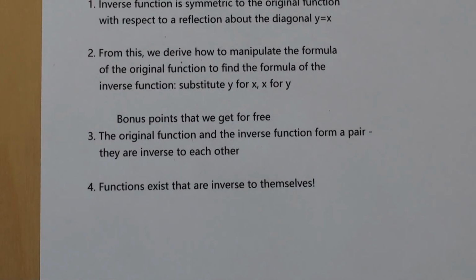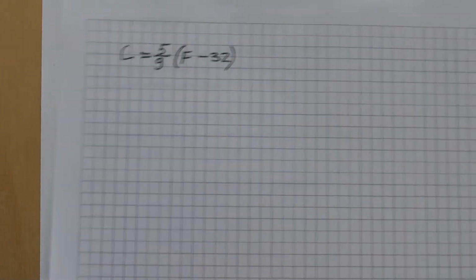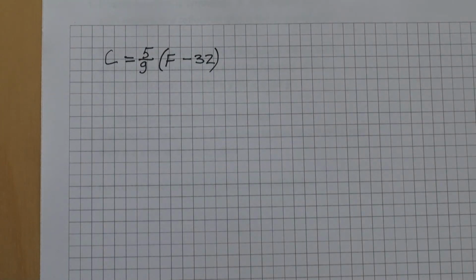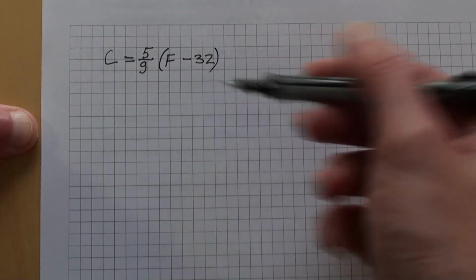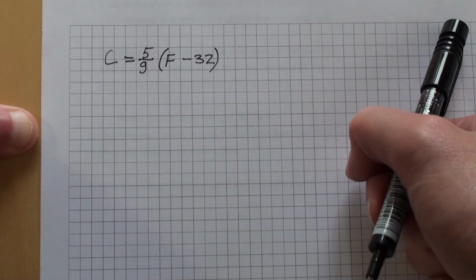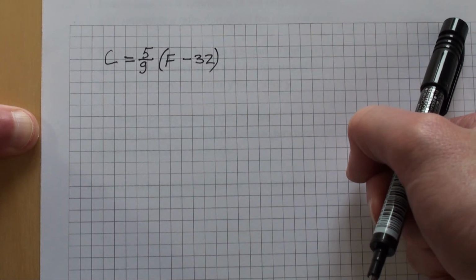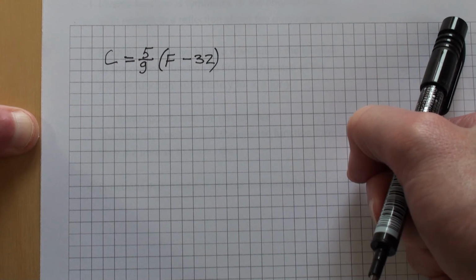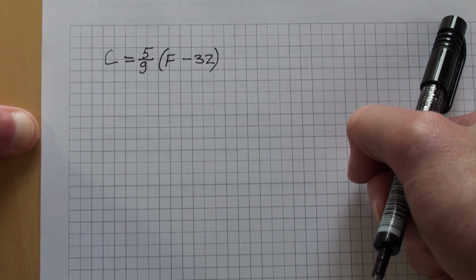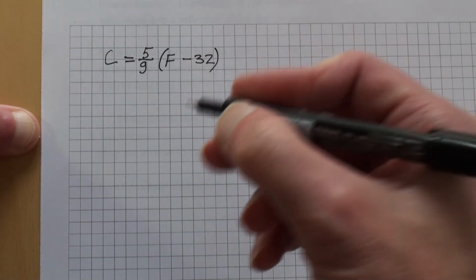Now, things to be aware of. Here's an example of an inverse function from the series on the Khan Academy website. How to get centigrade from Fahrenheit. This is the formula. Well, what is the inverse of it? If you have the temperature in centigrade, how to get Fahrenheit from it? What do they show you?